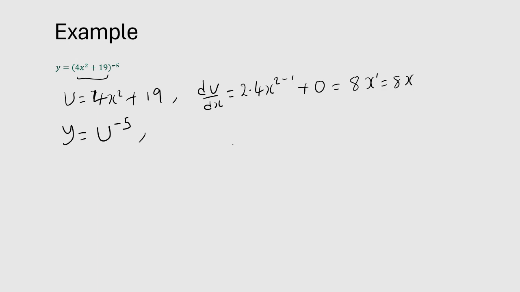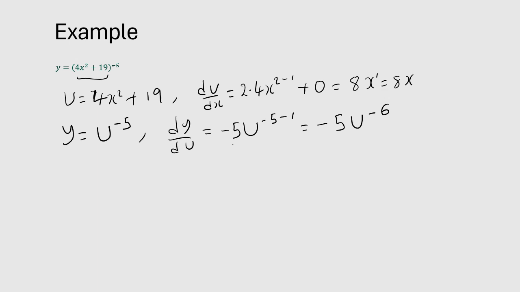For this one, we differentiate y with respect to u, the inner function. So this will be u power minus 5. I will take minus 5 here and subtract 1 from the power. So we'll have minus 5 u power minus 6.